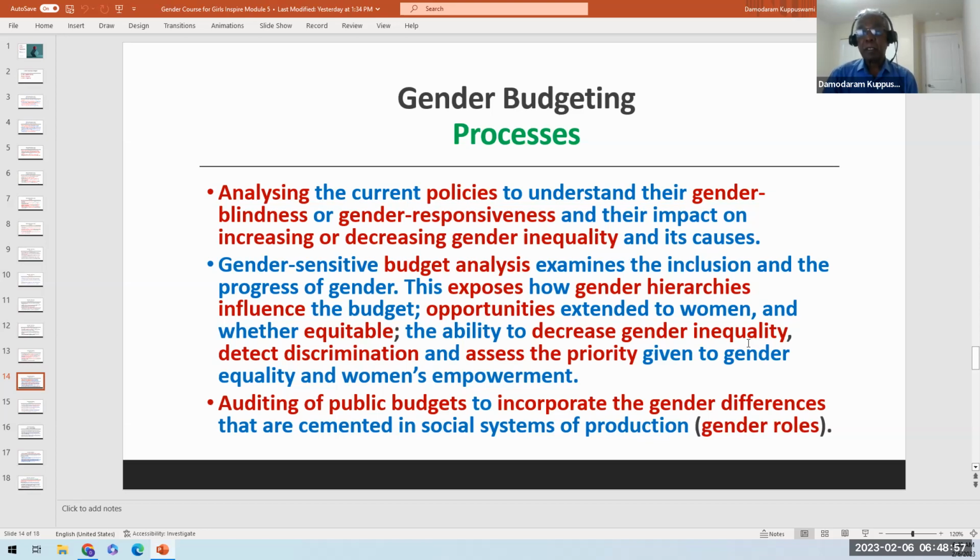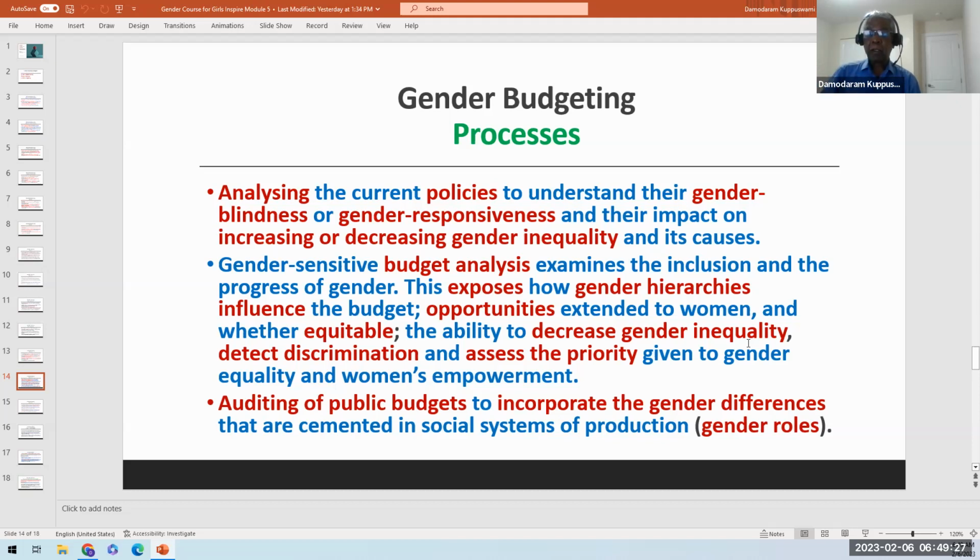Does the budget reflect those hierarchies? What opportunities are extended to women and other genders, and are they equitable? What is the ability of those budgets to decrease gender inequality, detect discrimination, and what priority is given to gender equality and women's empowerment?